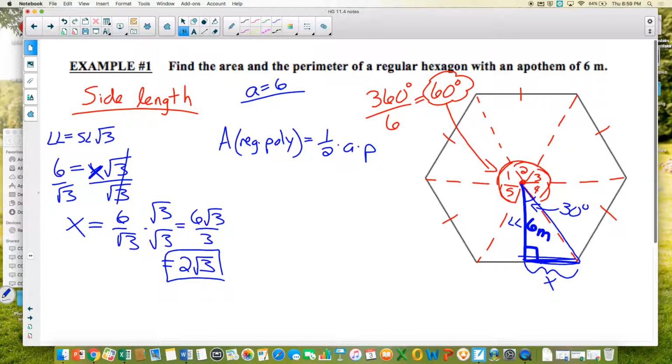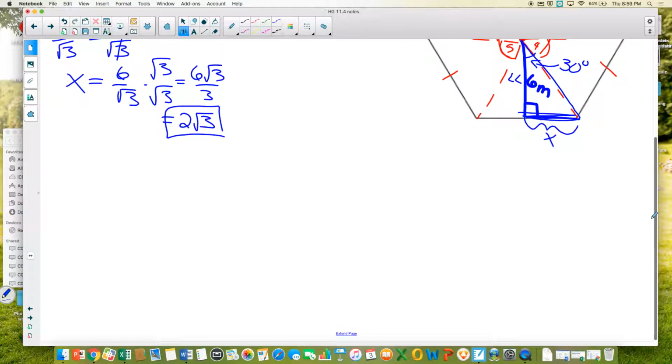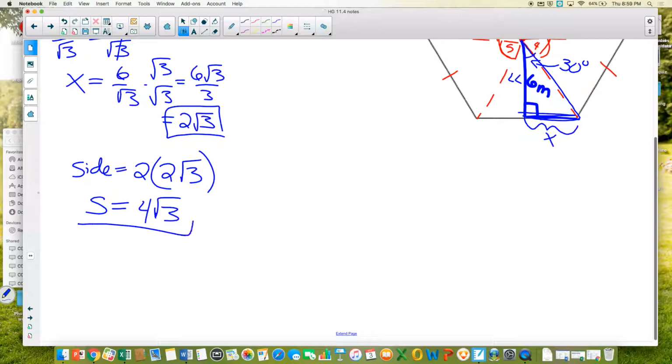That is half of one side. So half of one side is 2 root 3. That means one side is twice as big as 2 root 3. That means 2 times 2, we get 4. So the side, or S, is equal to 4 square root of 3.